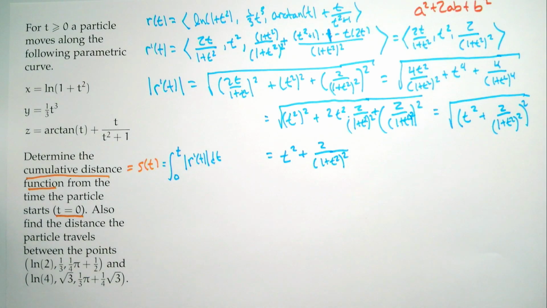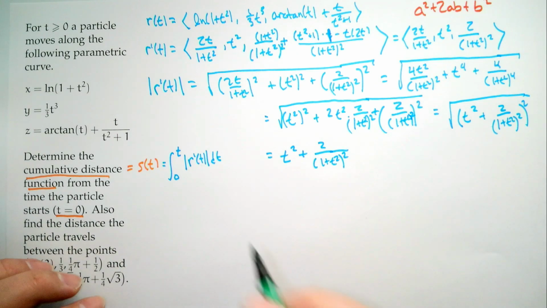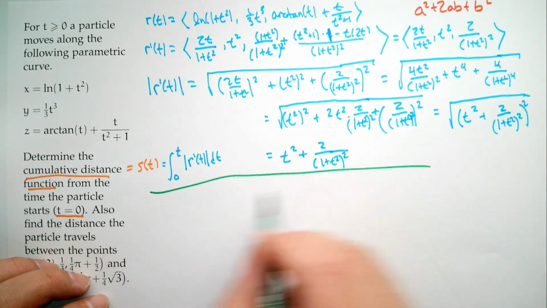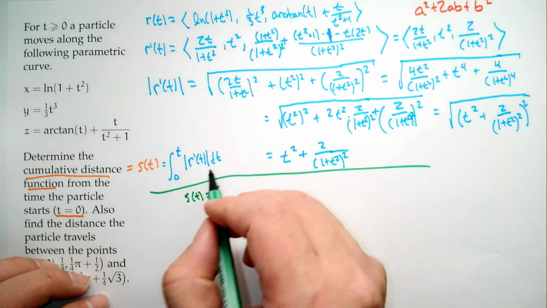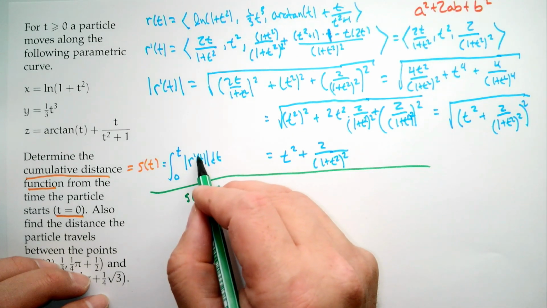All right, good. Have we found the cumulative distance function? No. What we found is the magnitude of r prime. But with that, the next step is not so bad. So we can say that our cumulative distance function is the integral. Oh, I should not use t's here. I should use some other symbol.